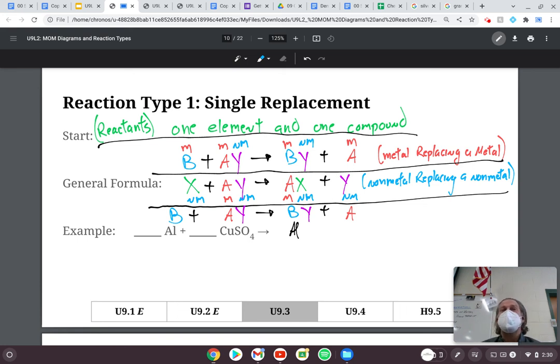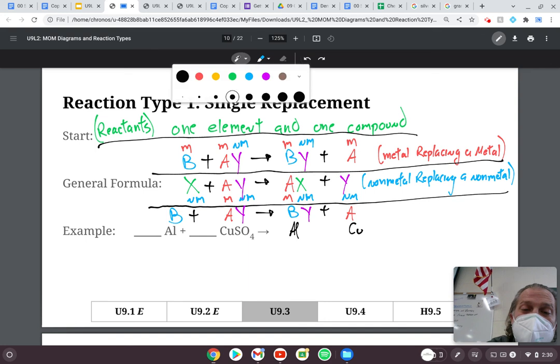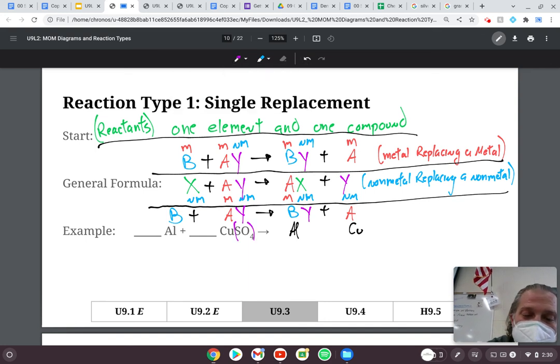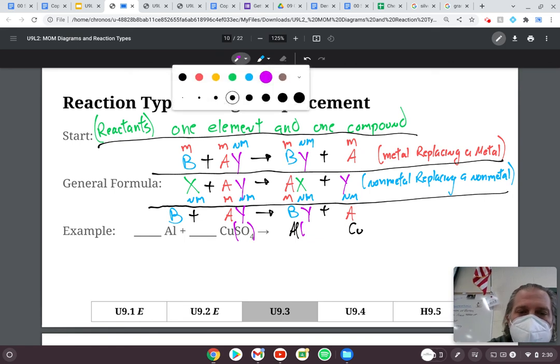And if Cu is under A on the reactant side, I'm going to put Cu under A on the product side, like that. And if SO4, which is a polyatomic ion, I'm going to give it a hug because it needs one, is under Y on the reactant side, I'm going to put it under Y on the product side. So SO4.